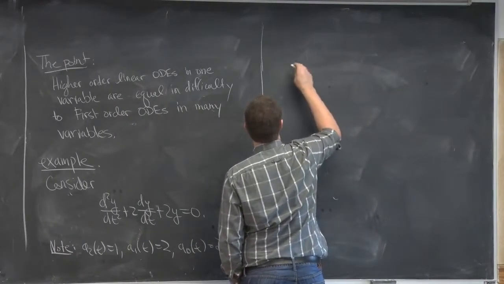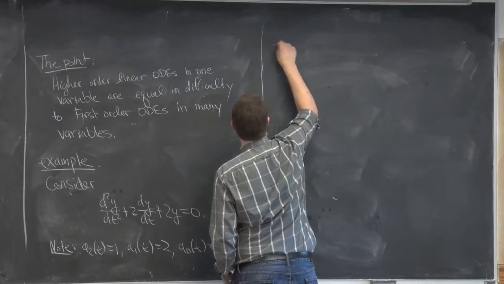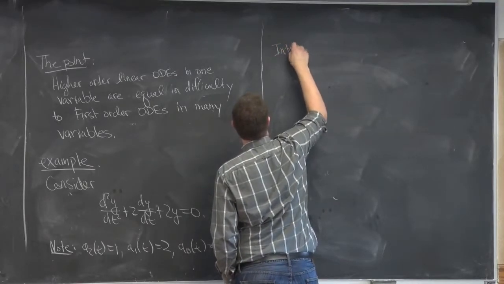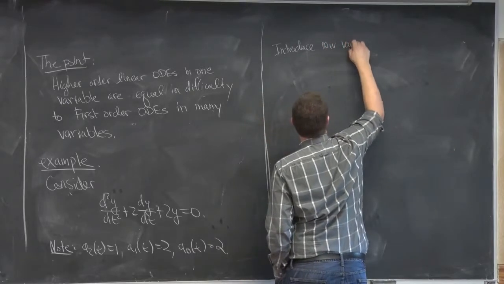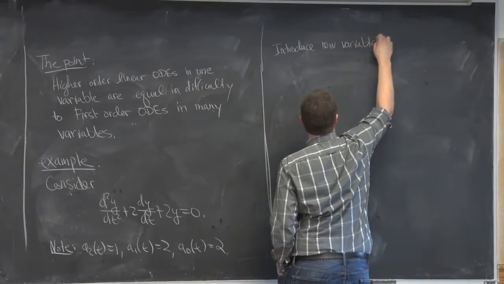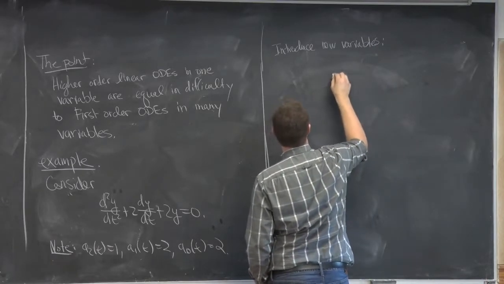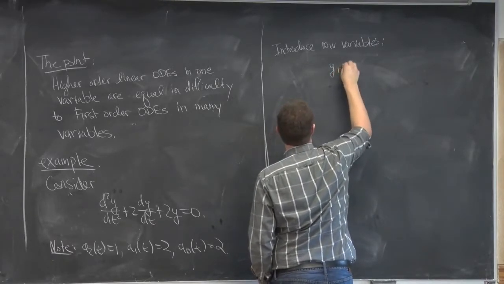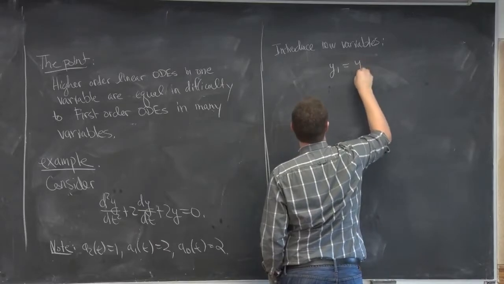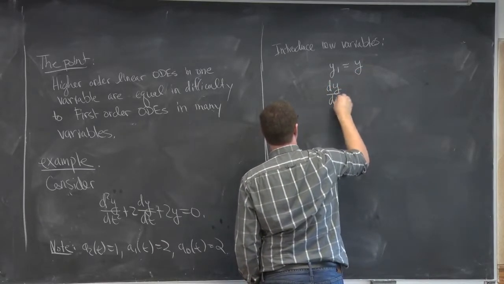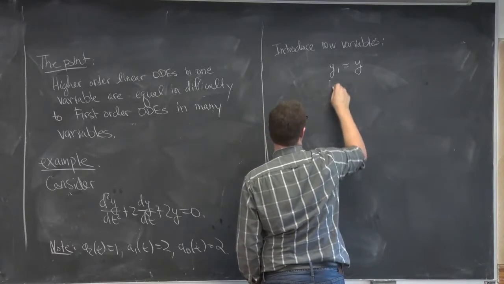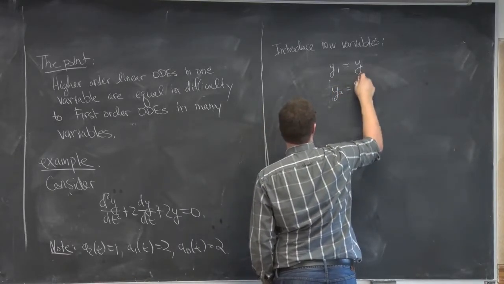Okay? So now we change variables, introduce new variables. So we had y1, so this was just y. Okay, and then we said dy/dt is y2. I forget which way I wrote it.